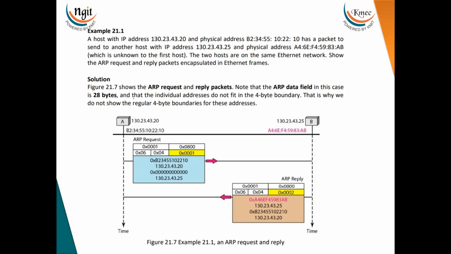Now here we have an example. In this example, I have an IP address 130.23.43.20 and a physical address for it. A packet has to be sent to another host with IP address 130.23.43.25, which also has a physical address. The sender IP address is 130.23.43.20 and the receiver IP address is 130.23.43.25.